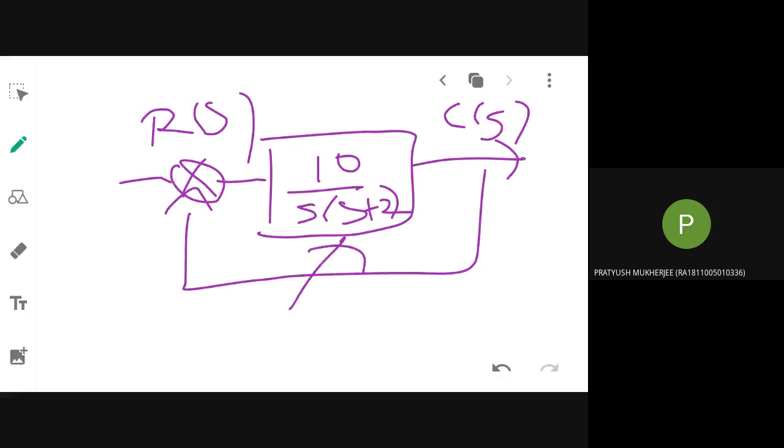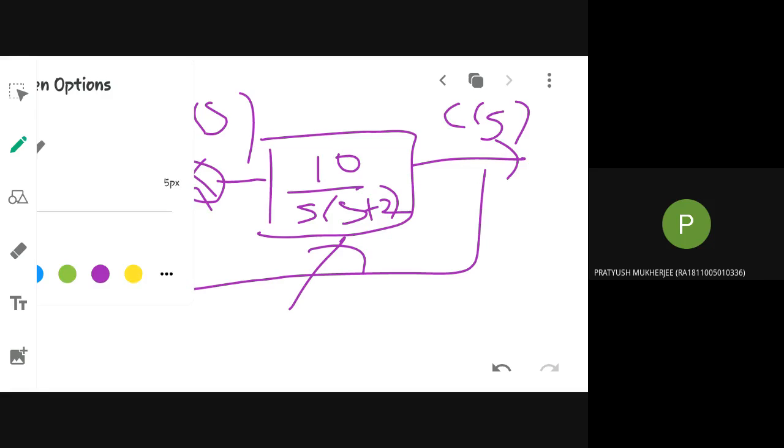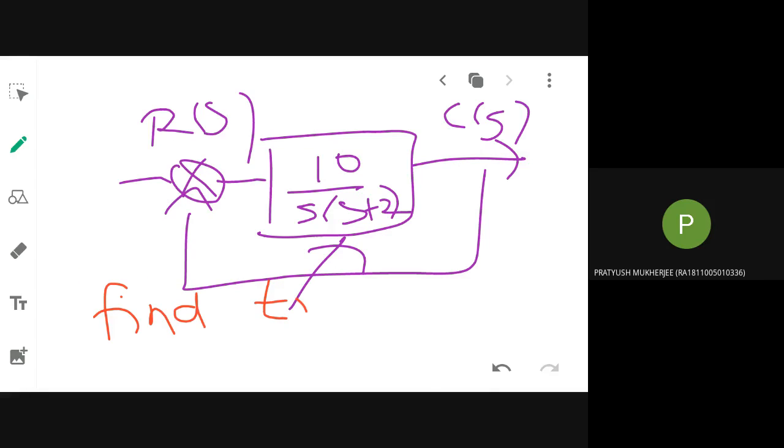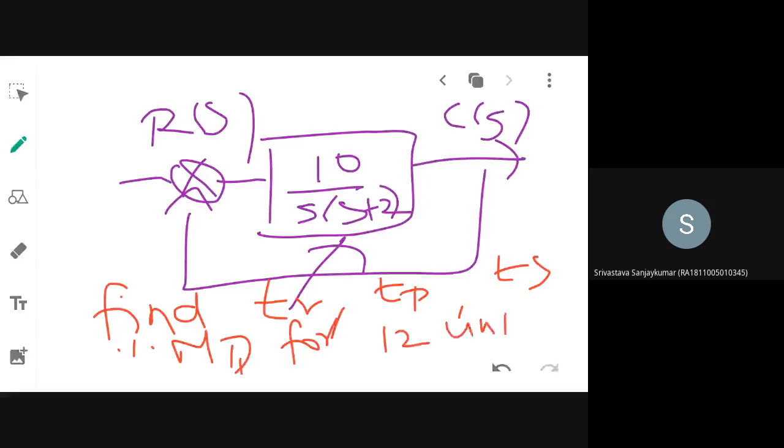You have been asked to find TR, rise time, peak time, settling time, and percentage MP, for a unit step input of 12 units. So this is the problem.